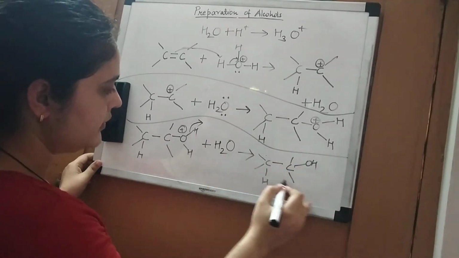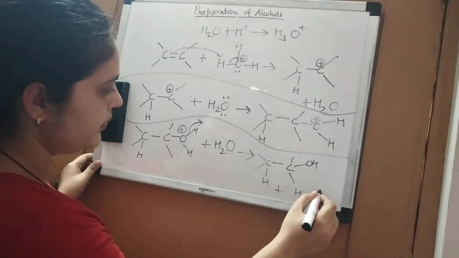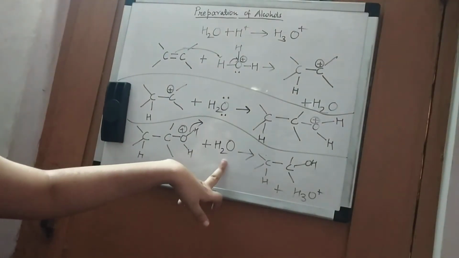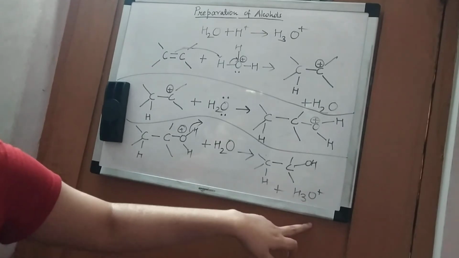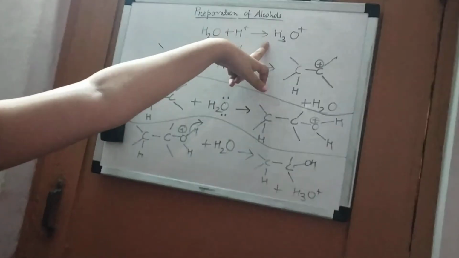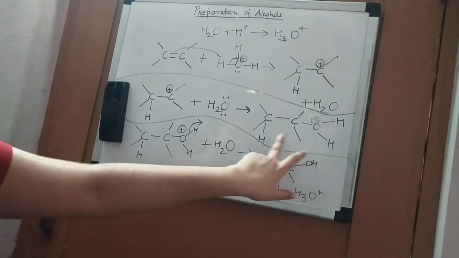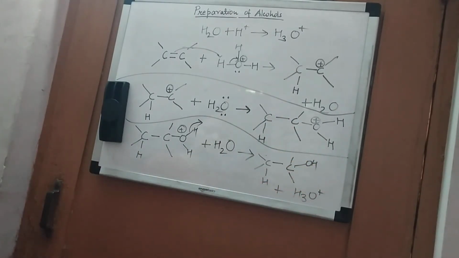And you will get H3O plus, because this hydrogen ion will attach to this H2O molecule, and you will get H3O plus back, which was generated before, because this is a catalyst, and you will get the alcohol molecule, right? So this was about the mechanism.